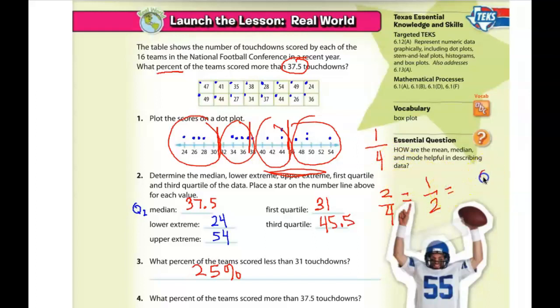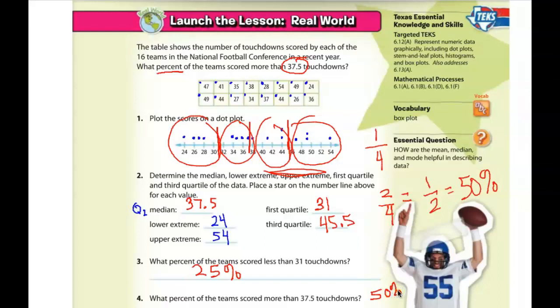What is the equivalent percent of 1/2? Go ahead and answer that for me, please. Very good. That is going to be 50%. So the answer to how many teams scored more than 37 and 5/10 touchdowns, that is going to be 50%.